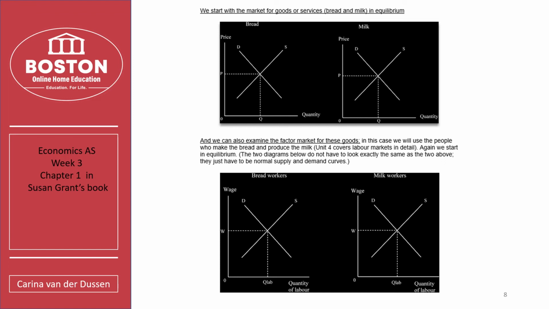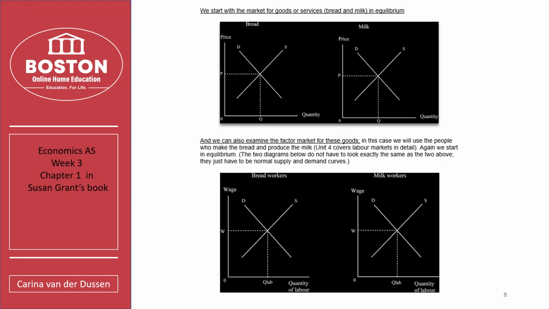Okay. So remember the equilibrium: everyone's happy and satisfied. They don't want to change the equilibrium. So the price is fine, the quantity demanded is fine, price is fine, quantity demanded is fine. And from this, we get the amount of workers that we need in the bread factories and on the farms for the milk.